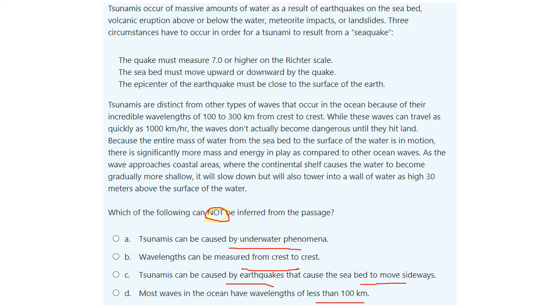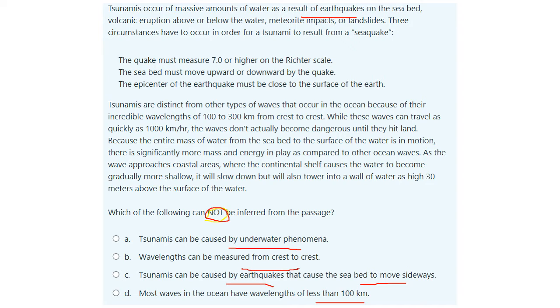Well, tsunamis occur if massive amounts of water move as a result of earthquakes on the seabed, volcanic eruption above or below the water, meteor impacts, or landslides. 3 circumstances have to occur in order for the tsunami to result from a seaquake.